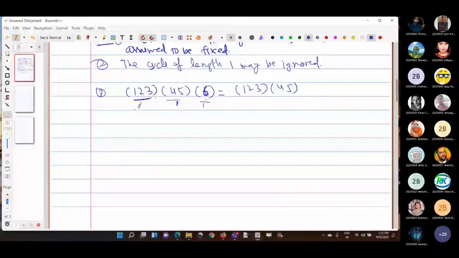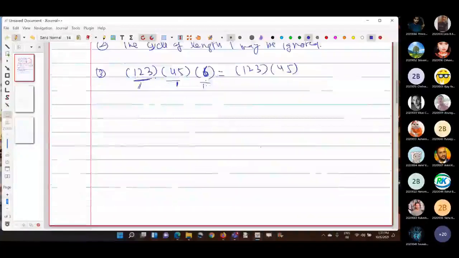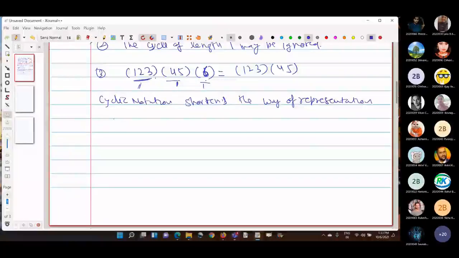In cyclic notation, when we are using cyclic notation, it means we are shortening the representation. So cyclic notation shortens the way of representation of a permutation.